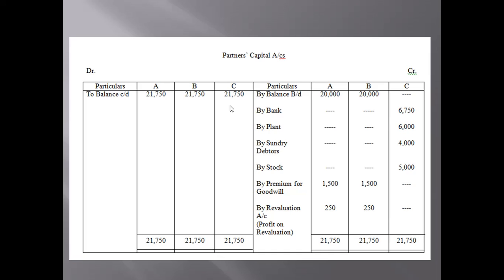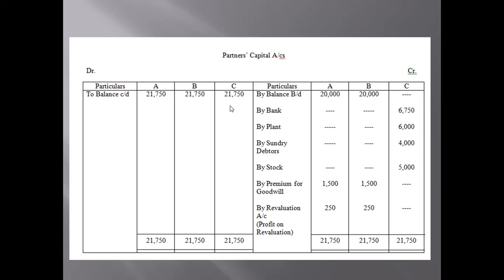The amount brought in by C will be recorded through bank account, because in this question number 47 we have bank. In question number 46, we had cash. So depending on that, we have to do it. If it is bank, we write bank. If it is cash, then we go through cash. But if both cash and bank are present in the question, then it is your choice. You can do it through cash or bank.